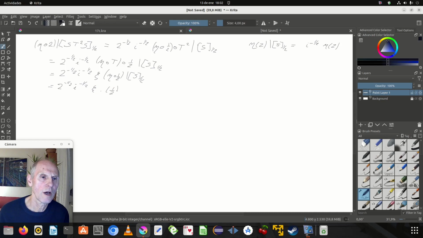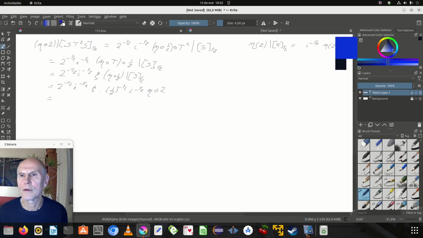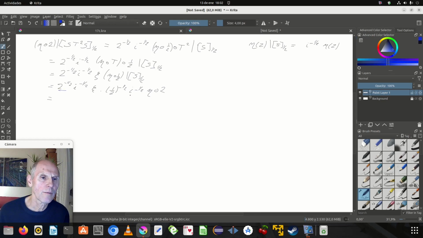So this 2 to minus 1/2, i to minus 1/2, eta of 2z. So these two cancel. So we end up with i to the minus first, xi, eta of 2z. And that means if we put it to the 12th power.